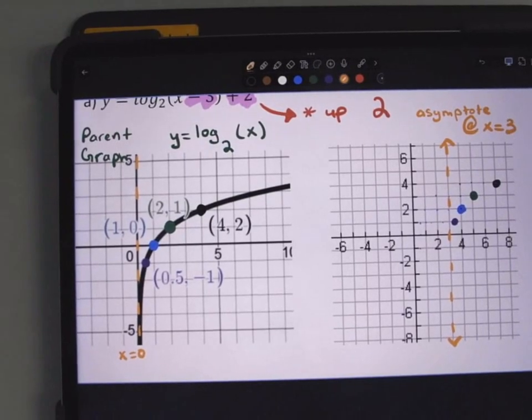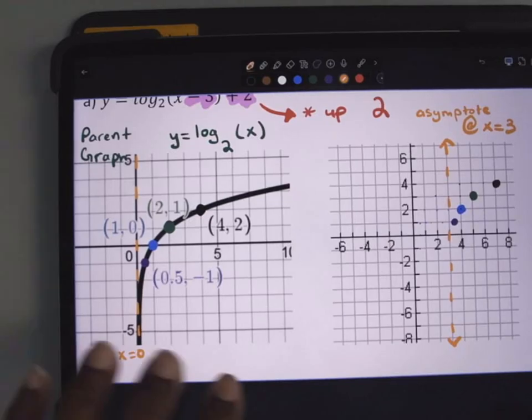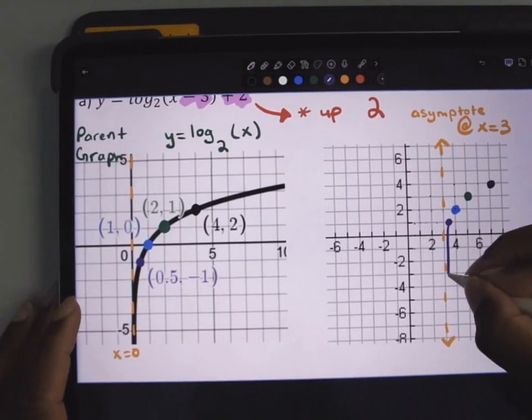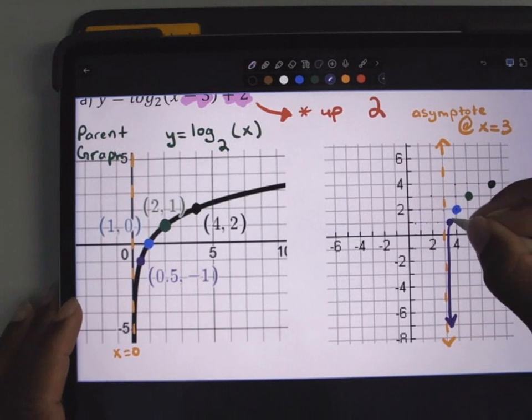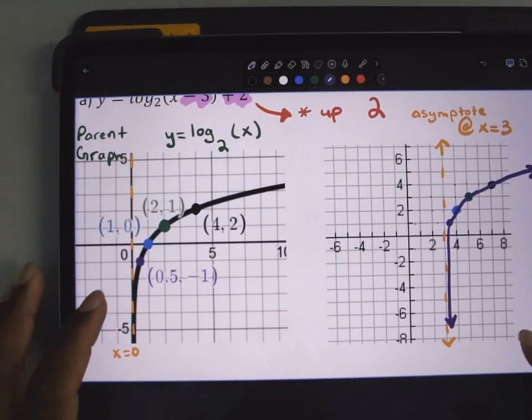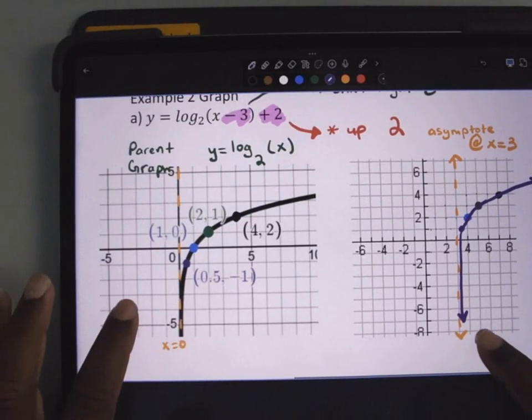And that's because our whole graph shifted right 3, so the asymptote also shifts right 3. And so now with that in mind, graph is going down that way, and then I curve it up to the right.